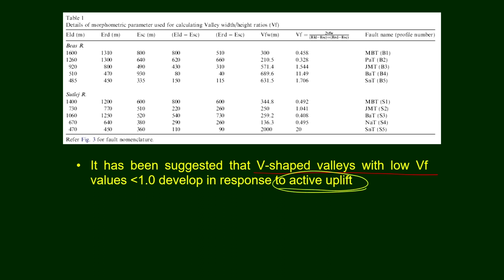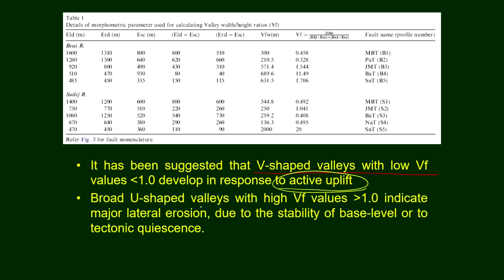Broad U-shaped valleys with high Vf values, as we have seen in the case of the Barsar thrust, where Vf is greater than 1, indicate that because it is a broader valley, the channel has a tendency to move in this area and erode, and it is due to a stable base level; nothing much is happening here.